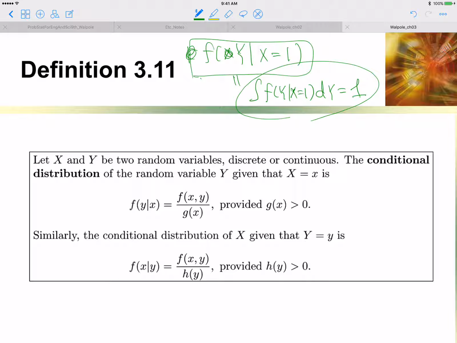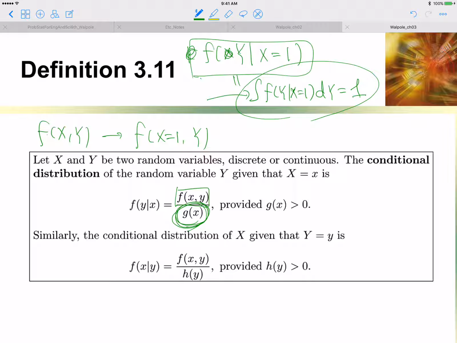In order to make this equation true, we have to divide by this form. So again, let me explain it this way. Initially we are given this joint probability, and then we fix x equal to 1, and that is the surface when cutting this mountain, right?